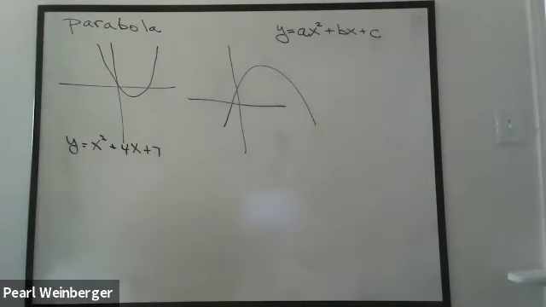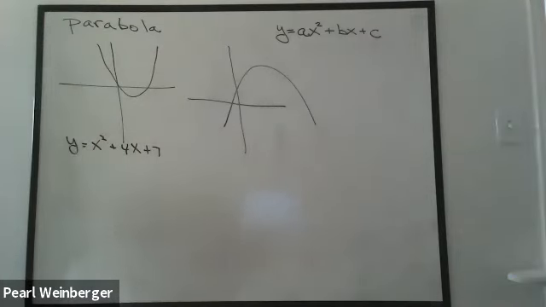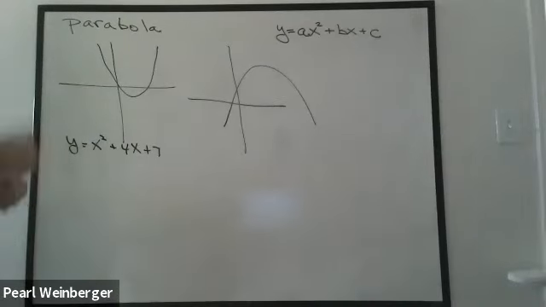And I'd also know that this is an opening up or opening down parabola, what I call a vertical parabola. Now what we're going to do is sketch these parabolas. And we're going to do that by finding three important things.